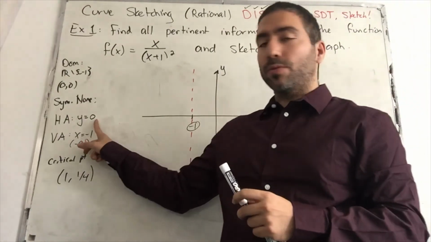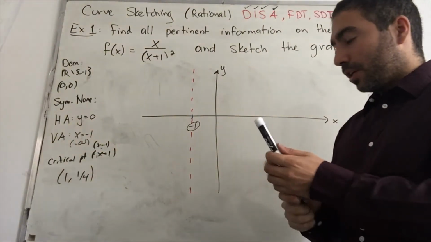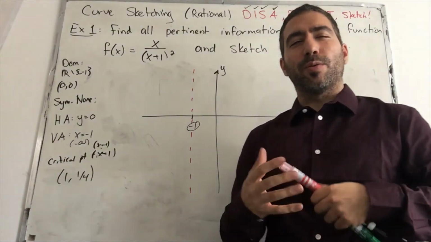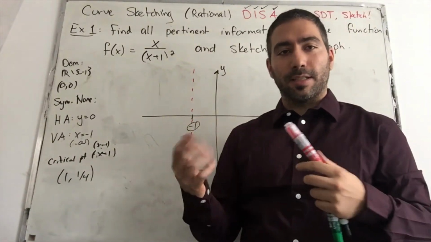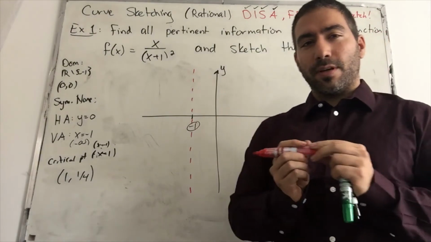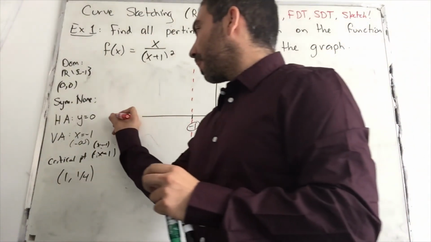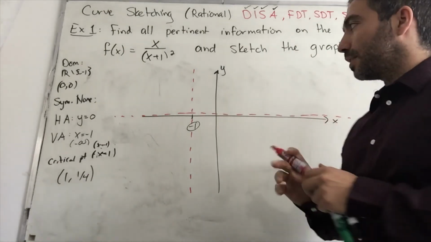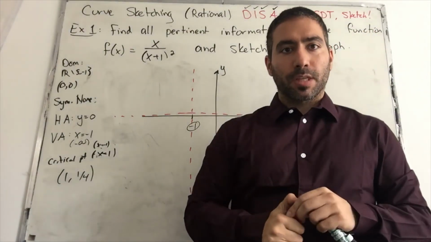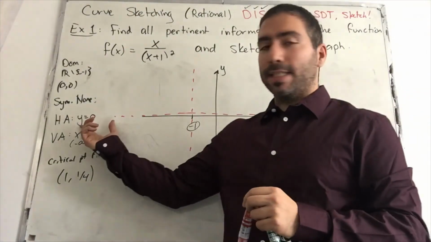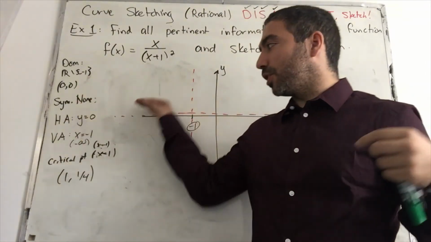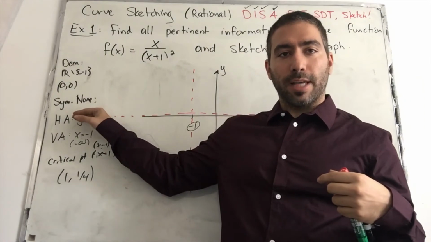We have a horizontal asymptote at 0. But here we have to be careful. So we have a horizontal asymptote. The idea of an asymptote that we know is that our function never passes this. But this is kind of a false claim. Okay. Let's pretend that's the x-axis. It's on the x-axis. Really what it's saying, when x is extremely large to the left and to the right, then the function will eventually not pass the asymptote.